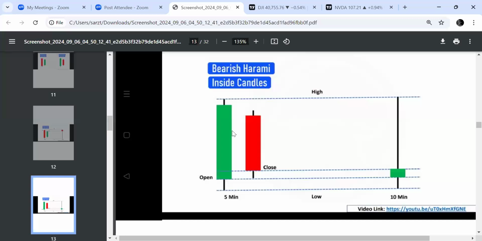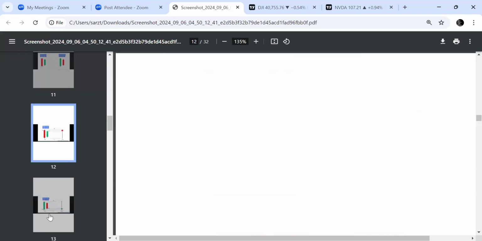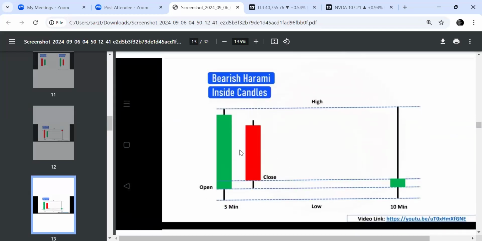And again, in the 5-minute time frame we are seeing a bearish harami candle, and in the 10-minute time frame it is a hammer and a shooting star. Again, the concept is the same. If we look at lower time frames, more candles will form and it will be more confusing. But when we look at higher time frames, fewer candles will form and we will get more clarity.